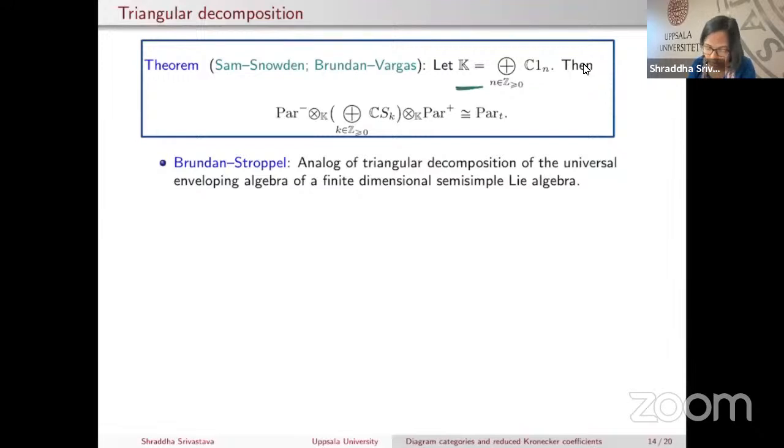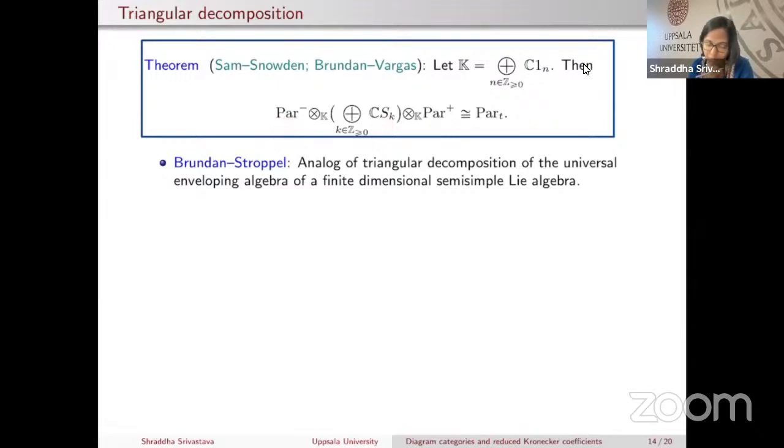What they showed is that this admits a triangular decomposition. They give the analogy from the Lie algebra: think of the element here as a negative root, an element from the Cartan, and an element from the positive root. That is their terminology.